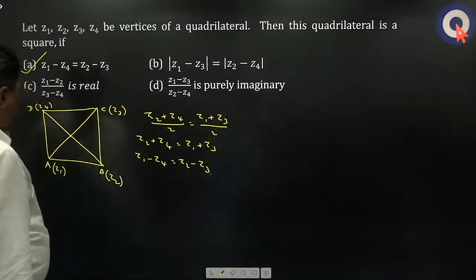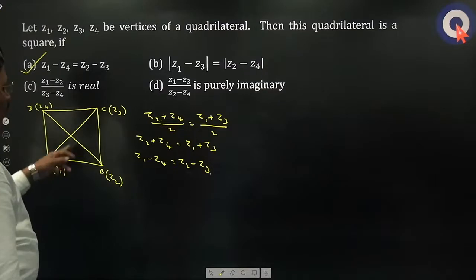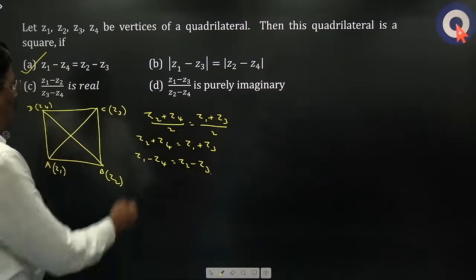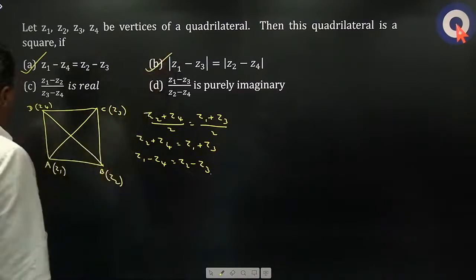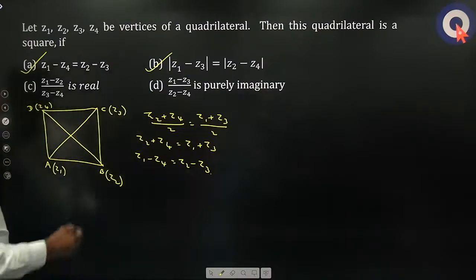All right. Next, and of course, mod Z1 minus Z3 is equal to mod Z2 minus Z4. Diagonals are equal. The lengths of the diagonals are equal. Even this is correct. All right. Next, Z1 minus Z2 by Z3 minus Z4, is it real? All right.